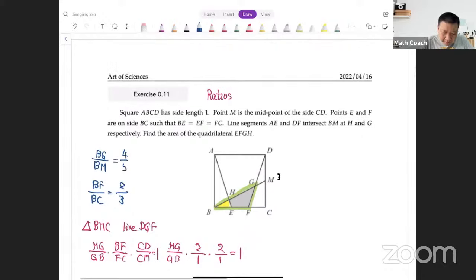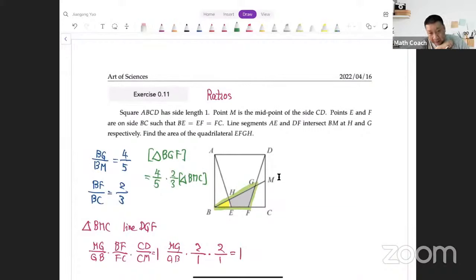4 over 5. And once we have this 4 over 5, can we get the area of the triangle BGF? Yes, we can. It is 4/5 times 2/3 times the area of triangle BMC. So what is the area of triangle BMC? The total area, remember, is 1, but BMC is not half, it's a quarter.